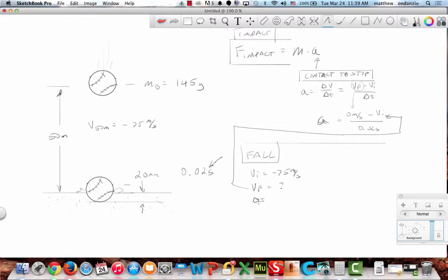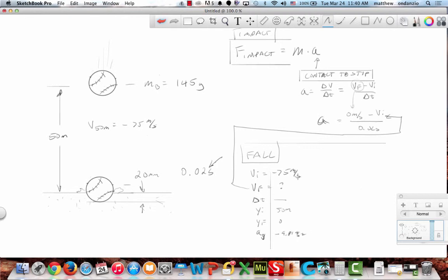No. What other variables do I have? Distance: my y initial is 50 meters, y final is 0, and my acceleration is negative 9.81 meters per second squared.